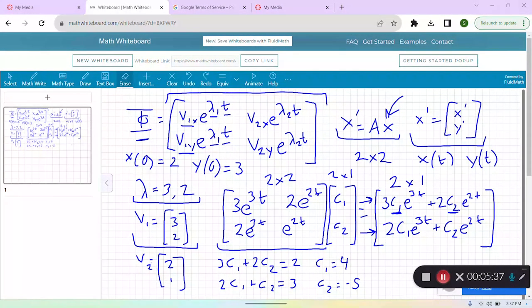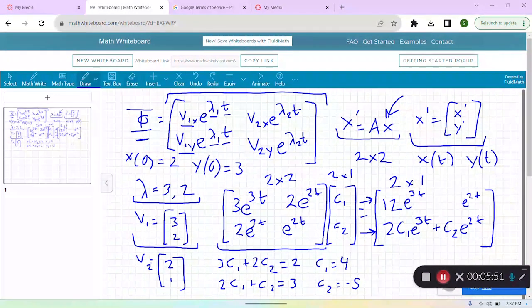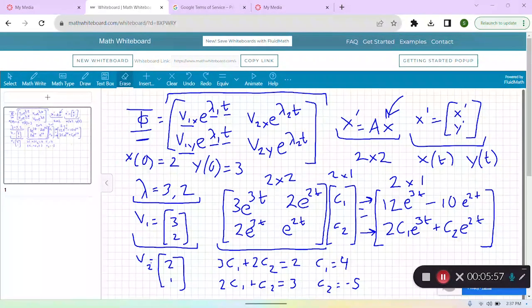So for our c1 and our x equation, we'll get 4 times 3, so we're going to get 12 e to the 3t, and then we're going to get -5 times 2, which is going to give us -10. In our y equation, we're going to get 2 times 4, which is going to be 8 e to the 3t, and minus 5 e to the 2t.